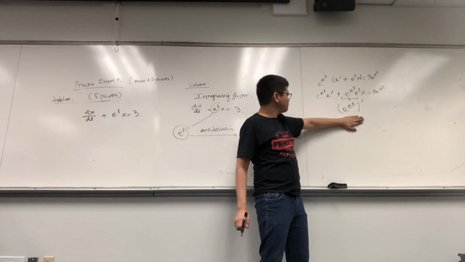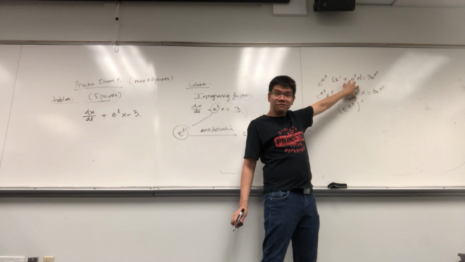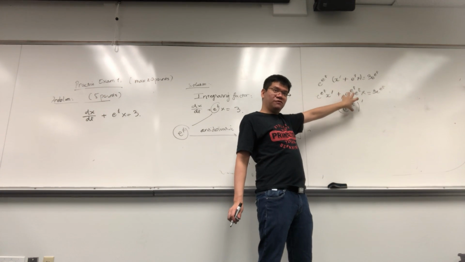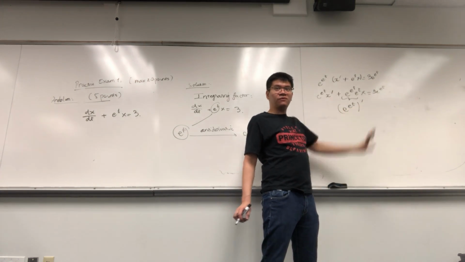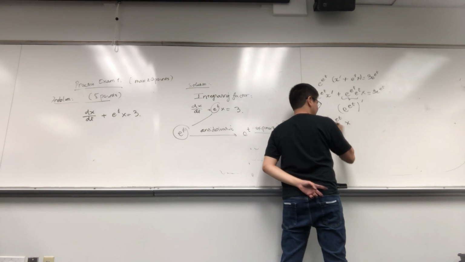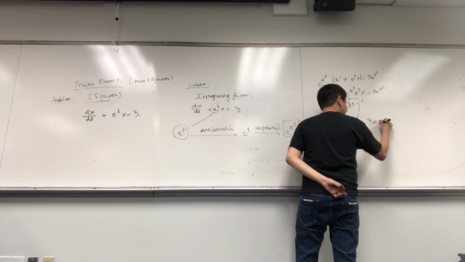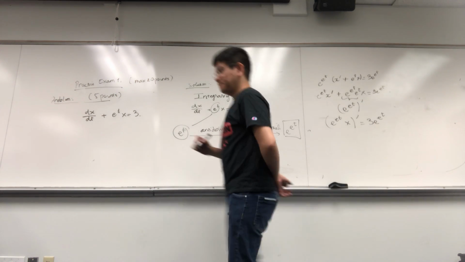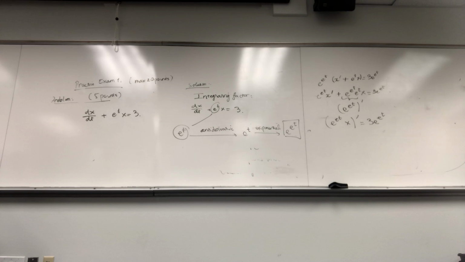The whole meaning of the integrating factor is to change the coefficient in front of x into a derivative so that you can use the product rule, right? You're going to have (e to the e to the t times x) prime is 3 times e to the e to the t. Right? Questions?